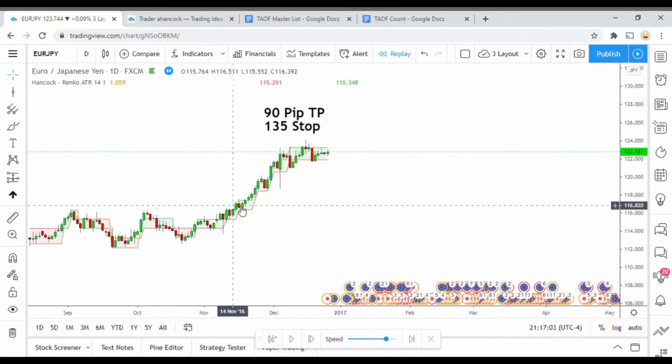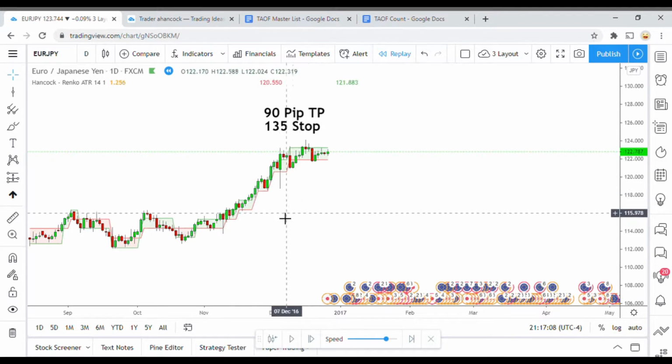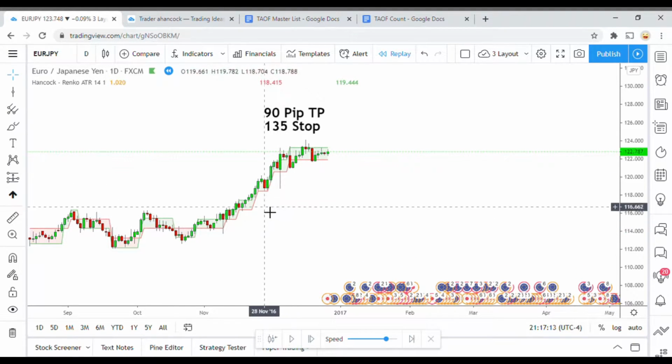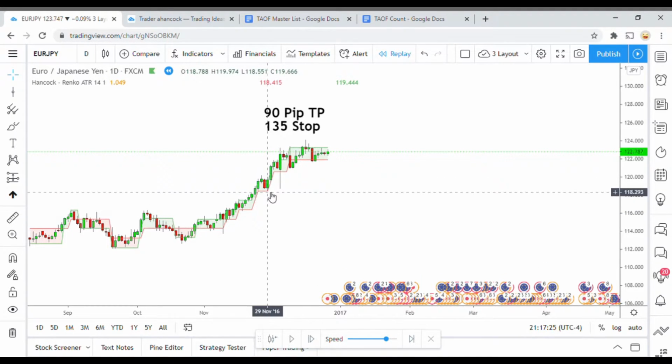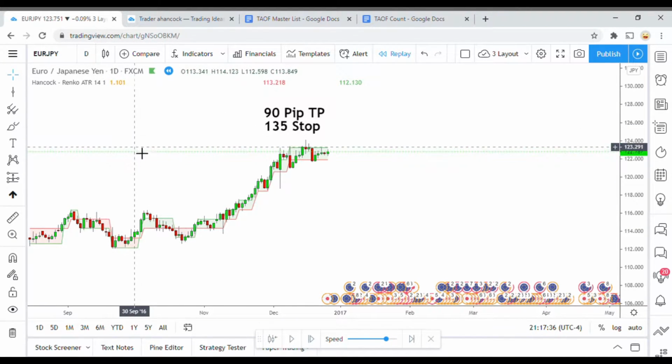And so we have the traditional style Japanese candles, and that's what we're looking at here, where they have a body, and most of the time they have a wick either above or below, sometimes both, and they are typically color coded, where one color indicates where the price went down for that candle, and there is also another color that indicates when the price went up on that candle.